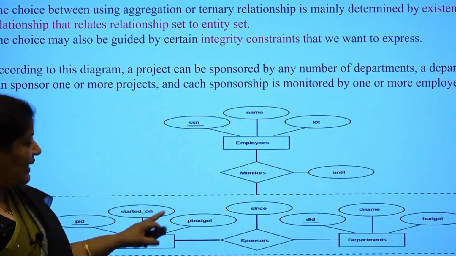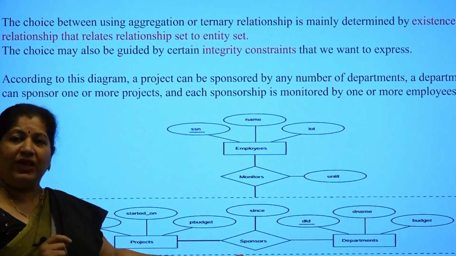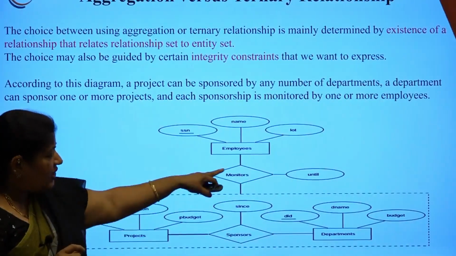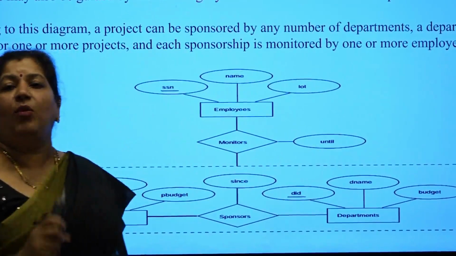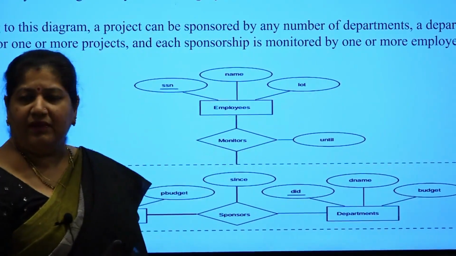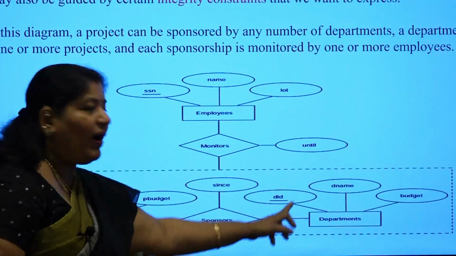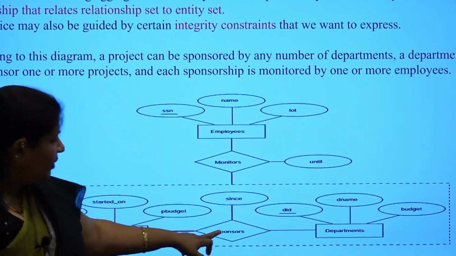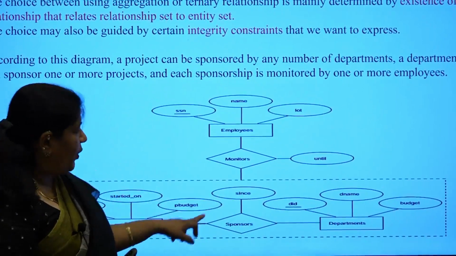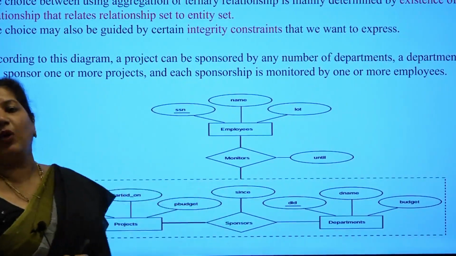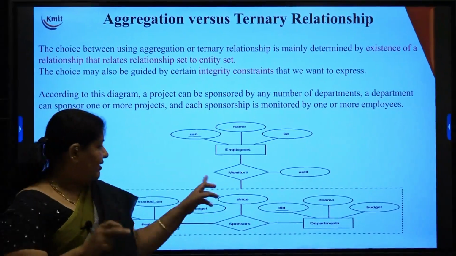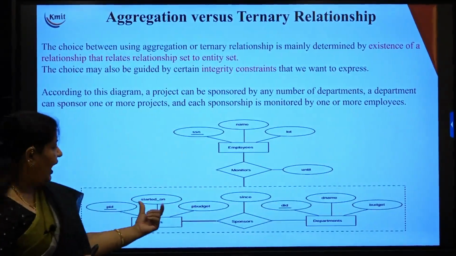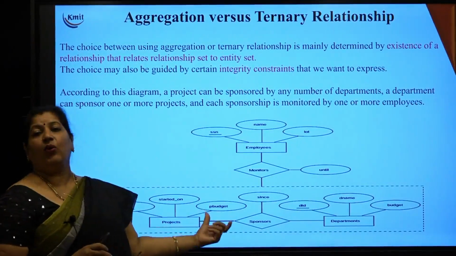If I can manage it only with the relationship, if I say that the concept of until when he monitors is removed from this, then I don't require aggregation at all. I can simply say the particular project has been monitored by employees. But when I say until, then it requires aggregation because I need to consider this as a whole.